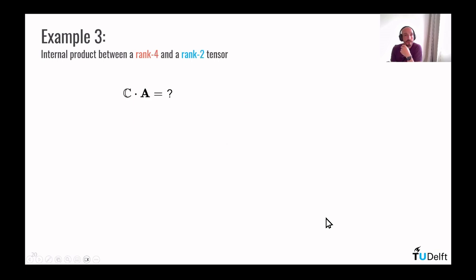Okay, now what about the internal product between a rank 4 tensor and a rank 2 tensor? In this case, we can write the rank 4 tensor like this. We have 4 directions associated, so we have C sub ijkl in the directions e hat i, e hat j, e hat k, e hat l.